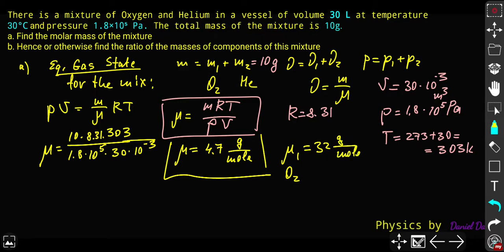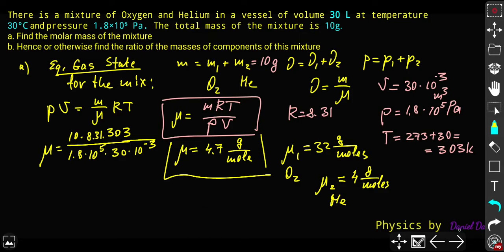Make sure you understand that oxygen is in a molecular state, so we need to use twice the mass of atomic oxygen. For helium we just use atomic helium, so we have 4 grams per mole. So the molar mass of the mixture, 4.7, is quite small, so we'll see that soon.